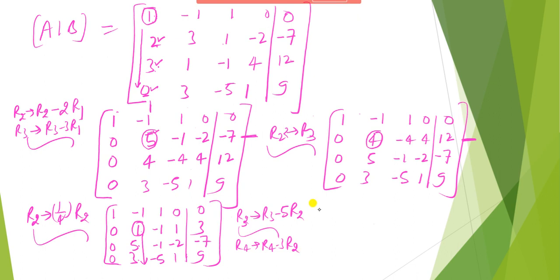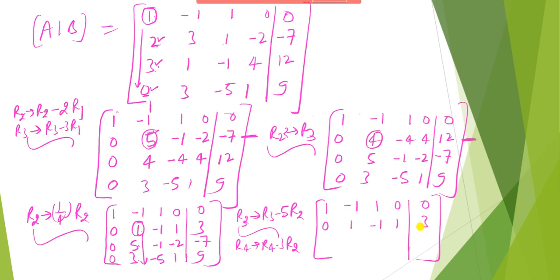So the reduced matrix is of the form 1, -1, 1, 0, 0; 0, 1, -1, 1, 3, because there is no change in the first and second row, we change only the third and fourth row.